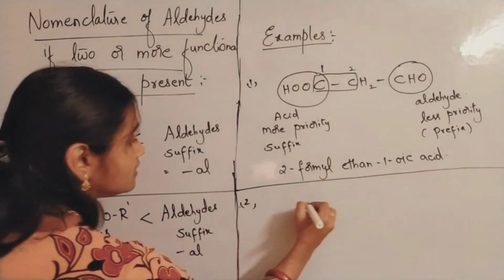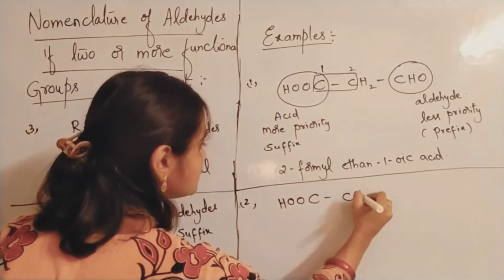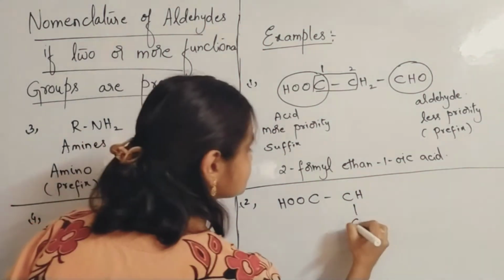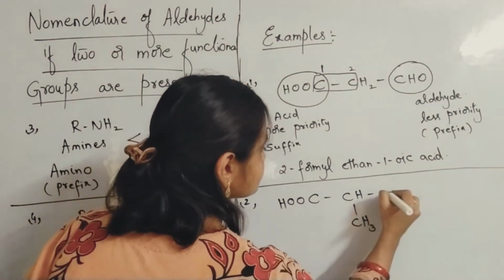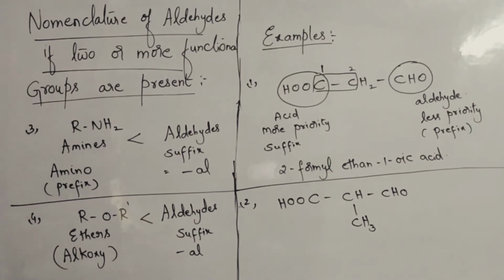Second one. You have again acid functional group is there, CH, CH3, CHO. So how to give the naming for this compound? You pause the video and try to find the name of this compound.